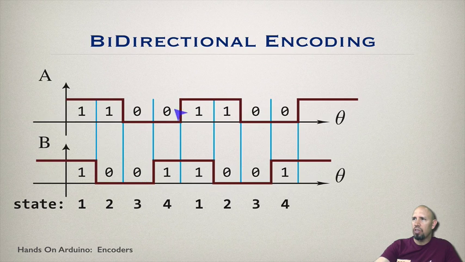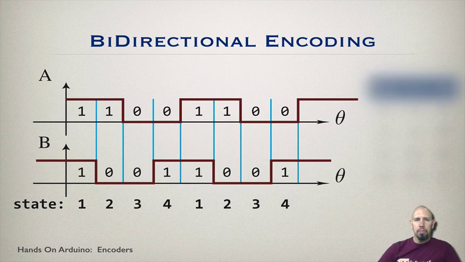State 3 is 0, 0. State 4 is 0, 1. Notice that state 1 is always next to state 2 and always next to state 4. State 3 is always next to state 2 and state 4. State 2 is always next to state 1 and state 3, and so forth. So we always have that.